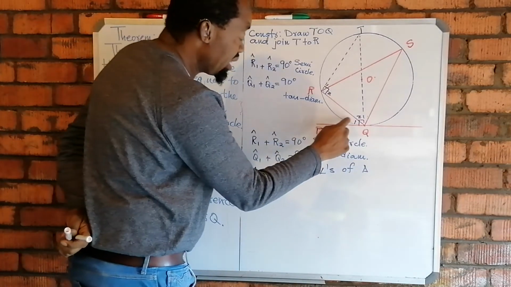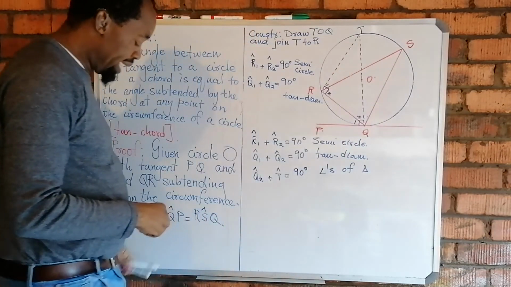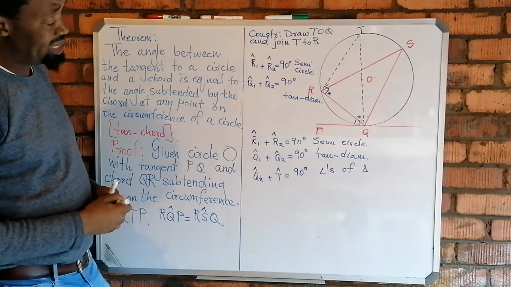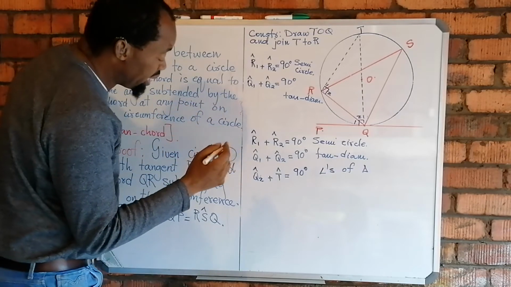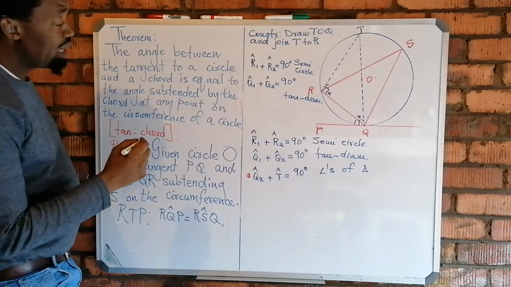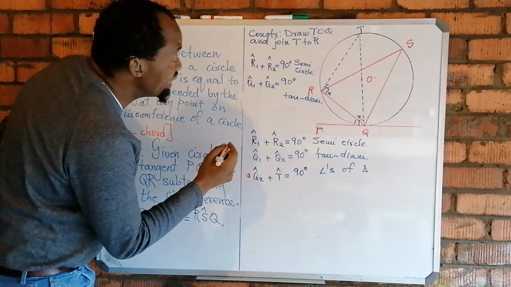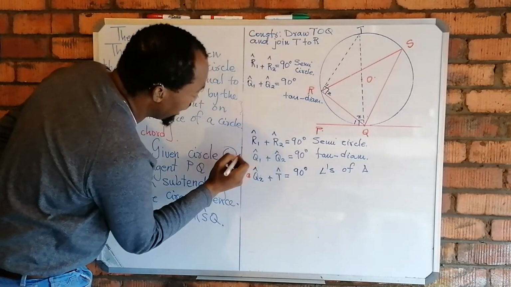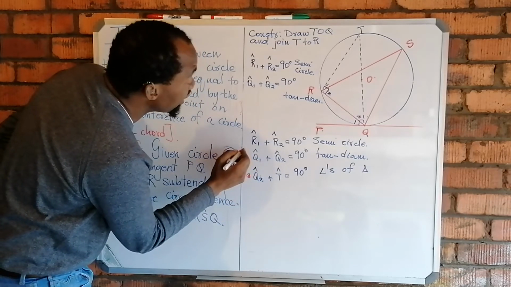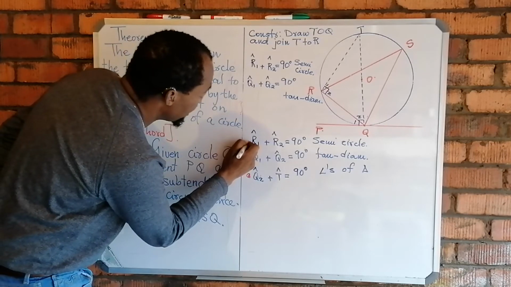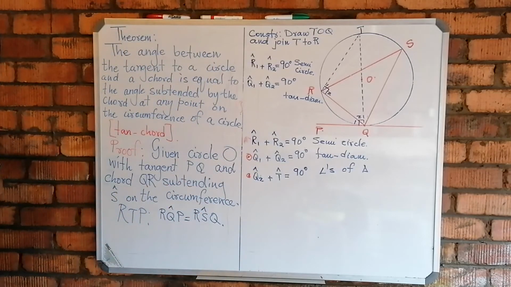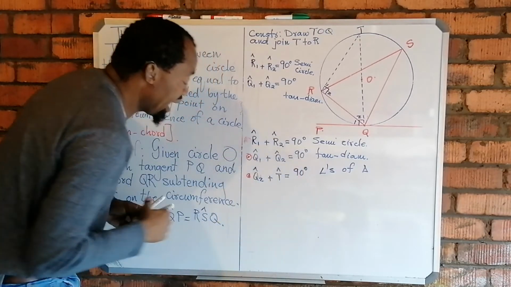Now, relating this angle to that particular angle, I must be careful with the statement that I'm taking. I am going to take this one and relate it to this one. I want Q2 and I want R1. No, not this one. This one. Yes, beautiful. Now, this is 90 and 90.